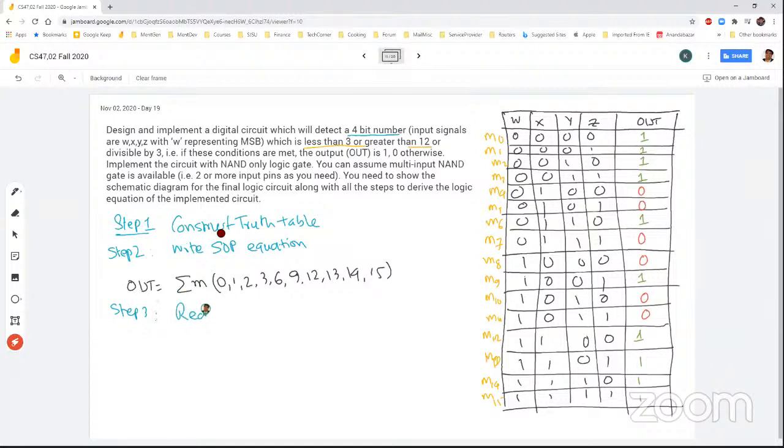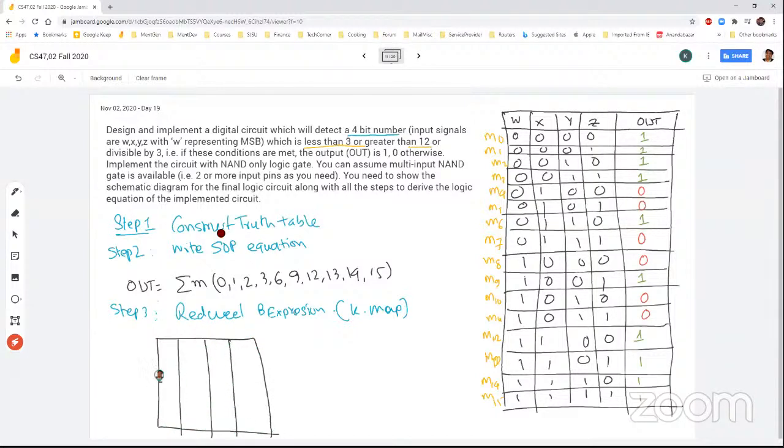And next would be to reduce the Boolean expression. Use a K-map to do that. At this point, our K-map is going to be 4 by 4, with WXYZ.